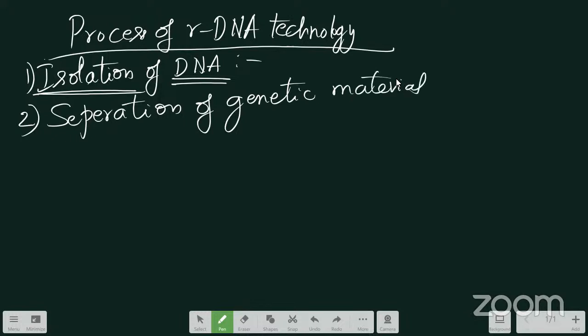For this, we have to take a test tube, and in the test tube the complete cytoplasm and the cell organelles need to be kept, and then centrifugation is done. Once we have done the centrifugation, the heavier particles will settle down at the bottom of the test tube.